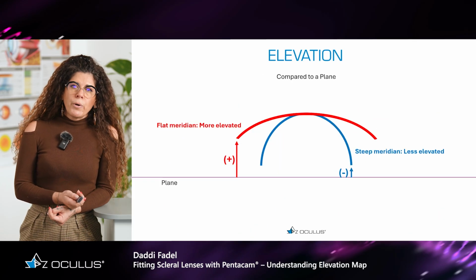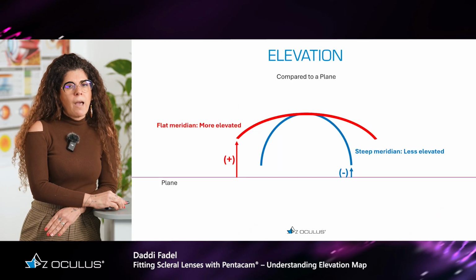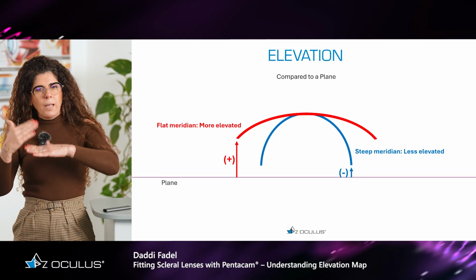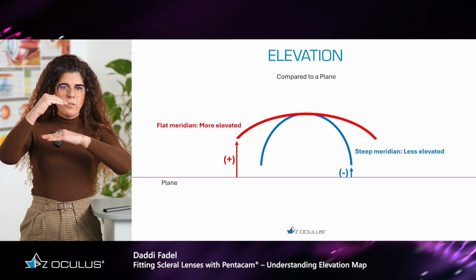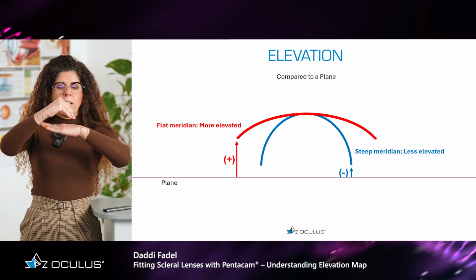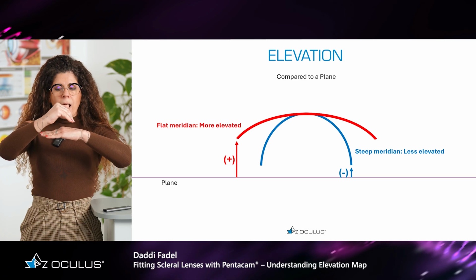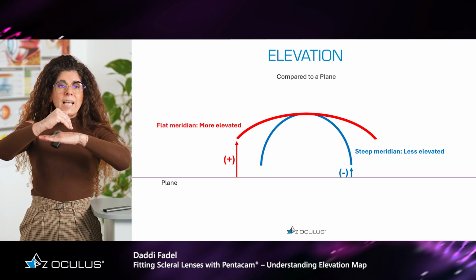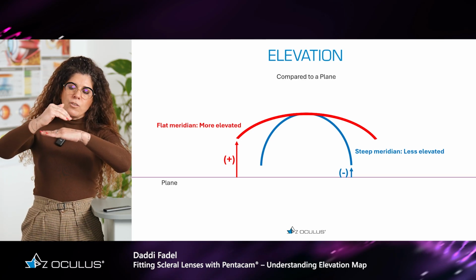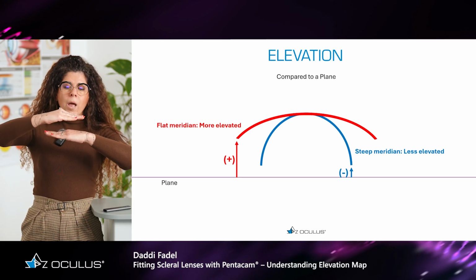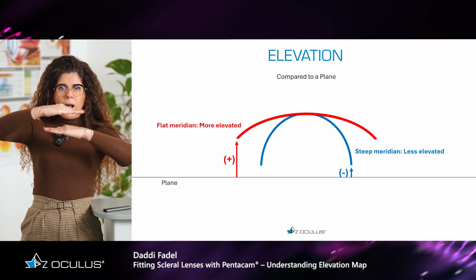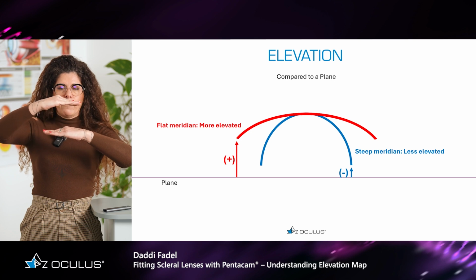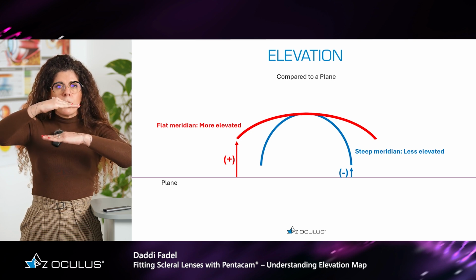I like to compare them also to a plane, because every practitioner can do it any time and remember it. This is the steepest meridian, and compared to the plane, you see how the steep meridian is less elevated. The edges of this steep meridian are less elevated from the plane, whereas in a flat meridian, you see how the edges are getting further from this plane, so it is more elevated.